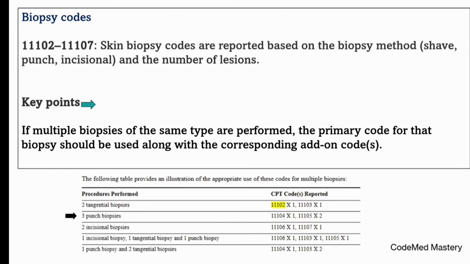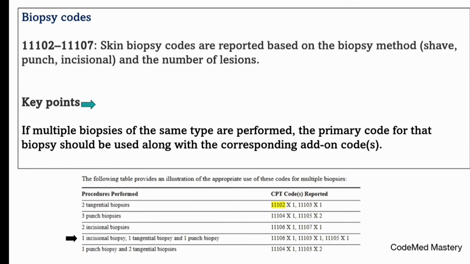For 3 punch biopsies, we will use 11104 once and 11105 twice, which is the add-on code. And for 2 incisional biopsies, we will use the main code 11106 once and 11107 once, which is the add-on code.